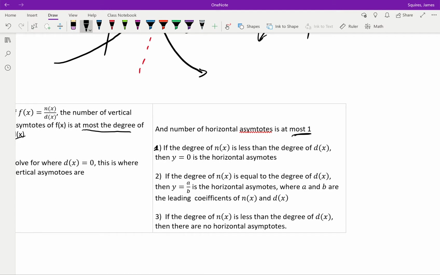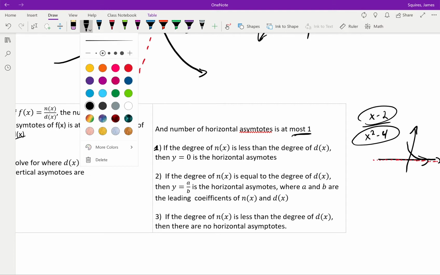So, if we have the function x minus 2 divided by x squared minus 4, well, the degree of the numerator is less than the degree of the denominator, so that means that there is going to be a horizontal asymptote at the line y equals 0. We're going to have some function approaching that value.